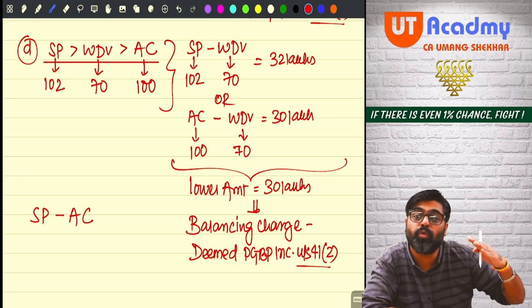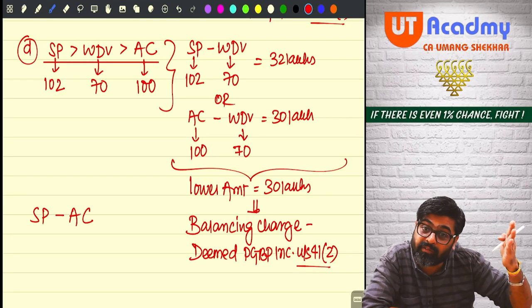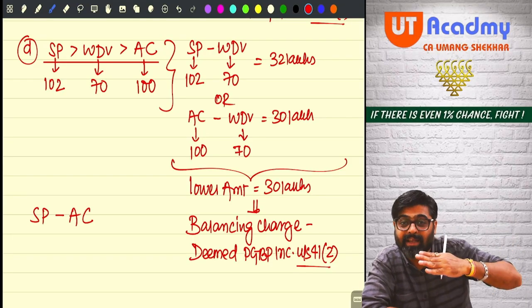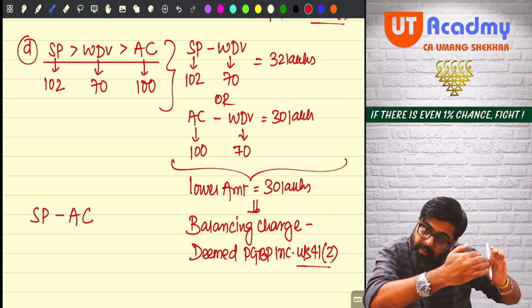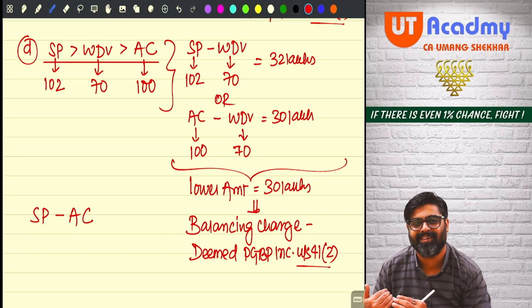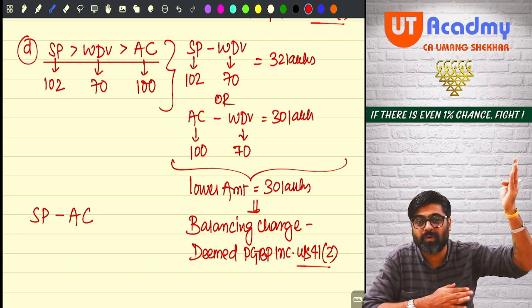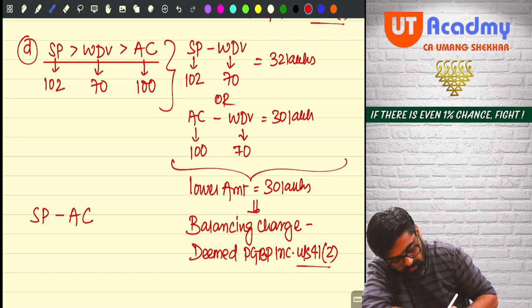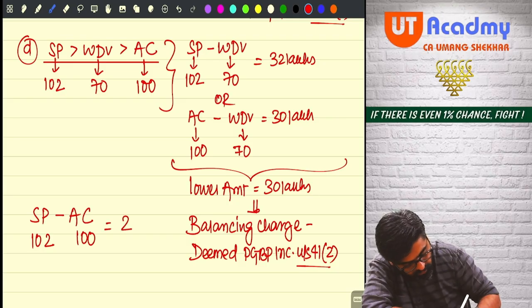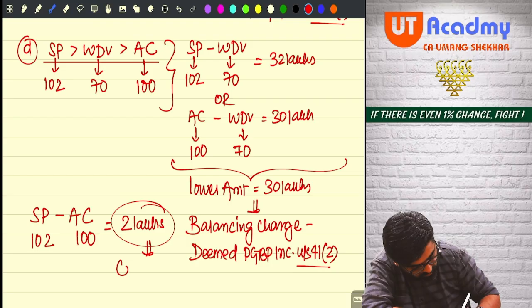Selling price to the extent of WDV, to the extent of actual cost, will be covered in PGBP only. But any selling price over and above actual cost, which was 102 and this was 100, giving you 2 lakhs, this 2 lakhs will now be treated as your capital gain income.